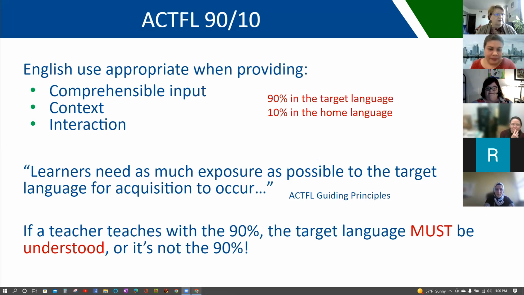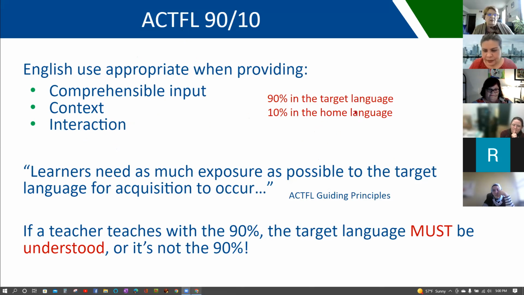Something that I found when talking about ACTFL. ACTFL is the American Council for Teaching of Foreign Languages, and they use what they call the 90-10 rule, so that they're making English more appropriate, making it comprehensible, content is accessible, and there's interaction.